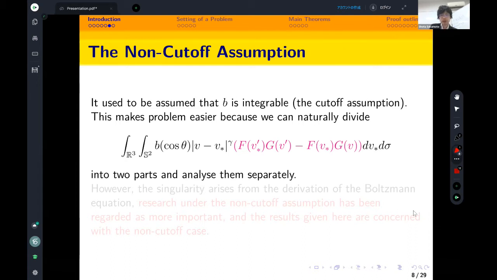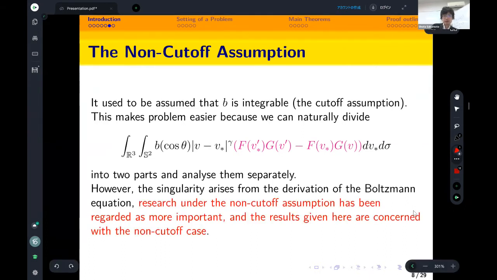This makes the problem easier because we can naturally divide the collision operator into two terms, since here we have a minus sign, so we may divide them into two parts, one coming from this part and the other coming from this part. So it's easy. Well, I mean, relatively easy. And we can analyze them separately.